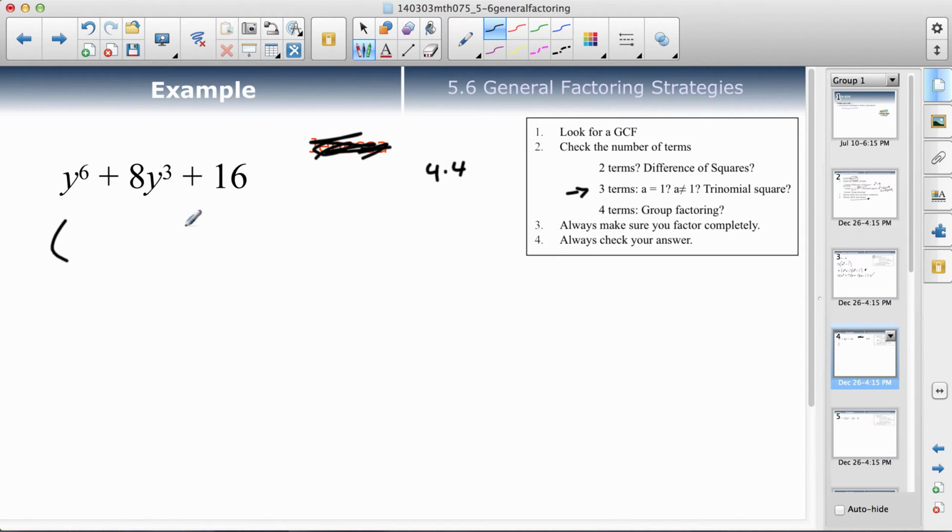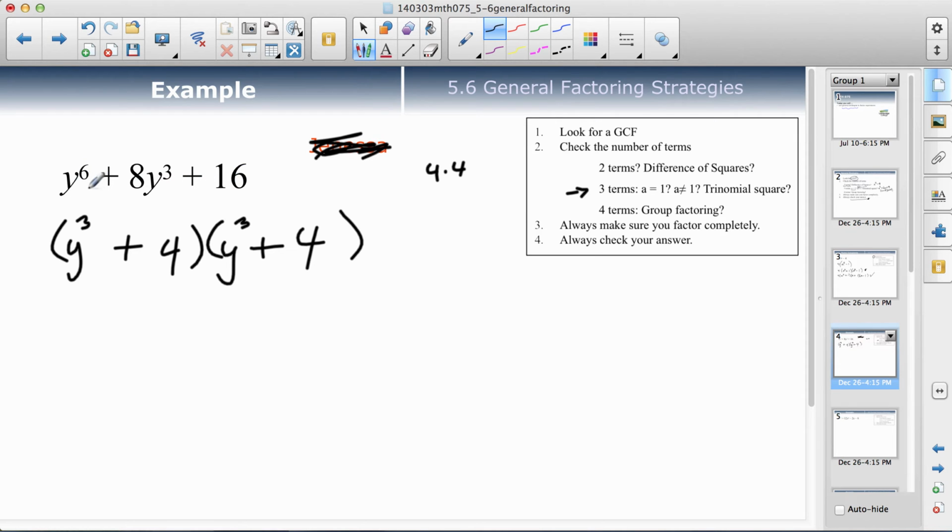So y to the 6th would split up into y cubed and y cubed, because when you multiply those together, you add their exponents, it would be a 6. The 16, I'm going with a 4 and a 4. Same sign, both positive. That would be the factorization.